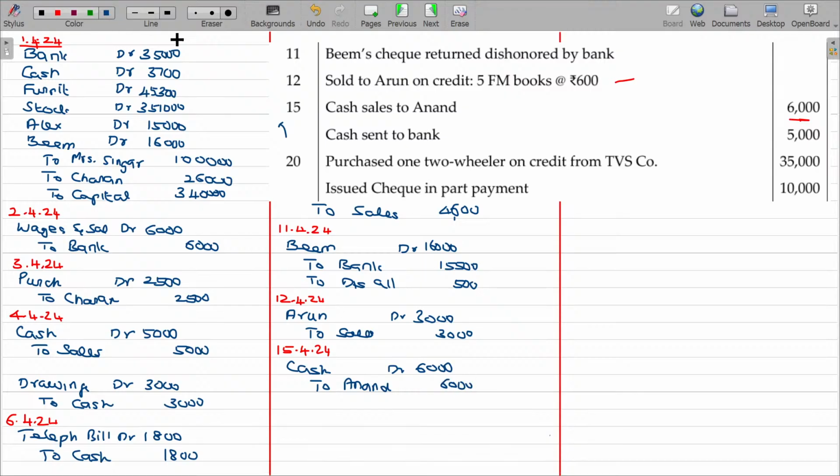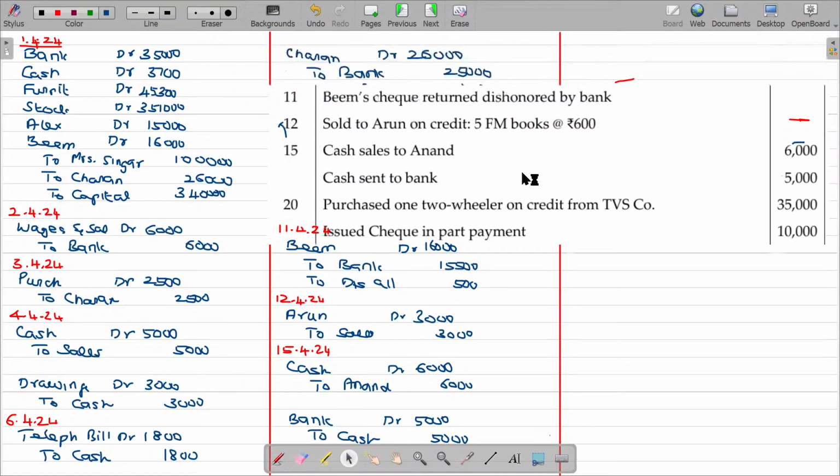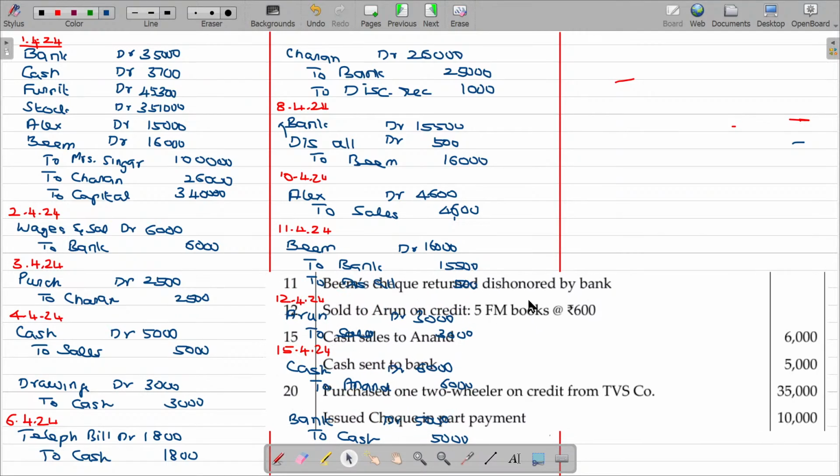Cash sent to bank on the same day. Bank gets the money, bank account debit, and for cash it's outgoing of cash, to cash. This value being 5,000. Is that clear?